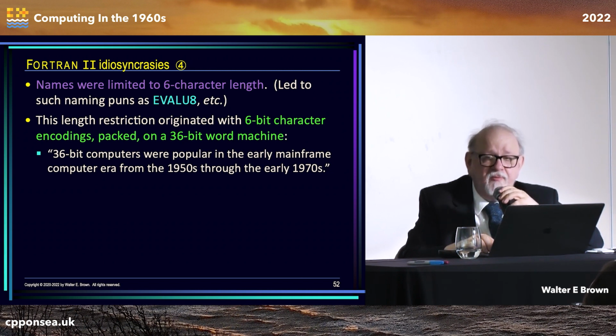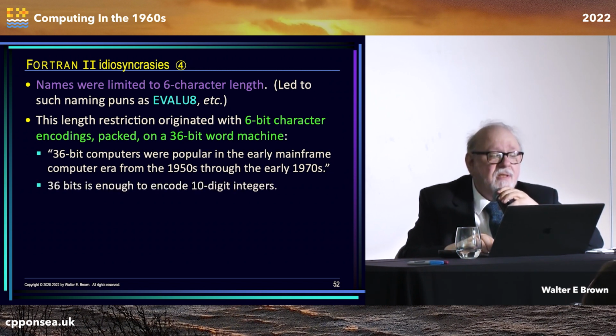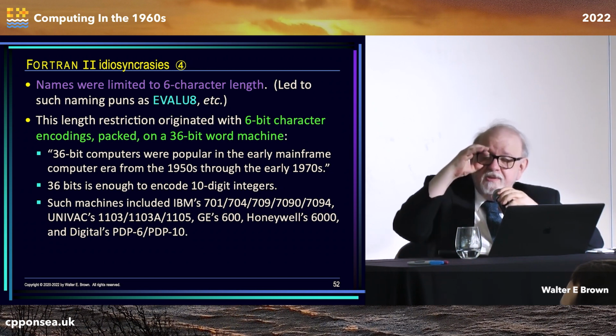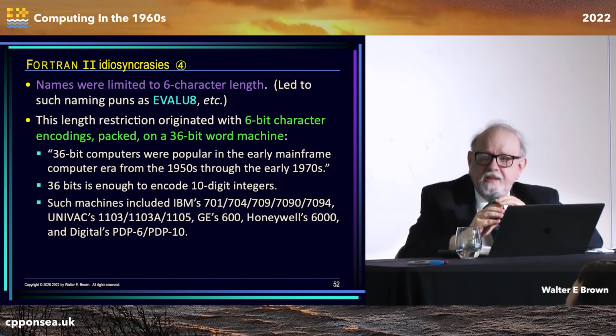They were popular for a couple of decades. That's enough to encode a 10-digit number. All right? And here's a short list of just some of the machines that featured that kind of encoding. In this era, there were 7 companies that manufactured the kind of large-scale computers we used to refer to as big iron.